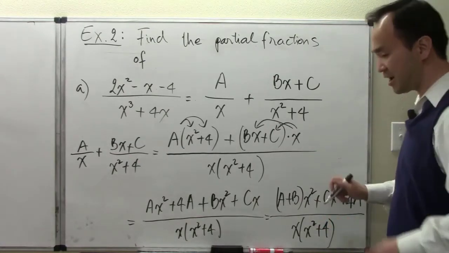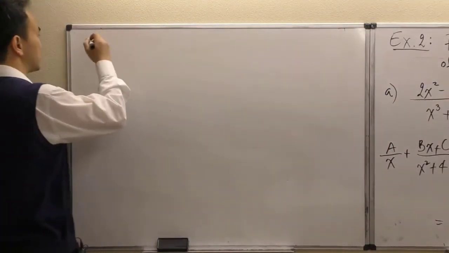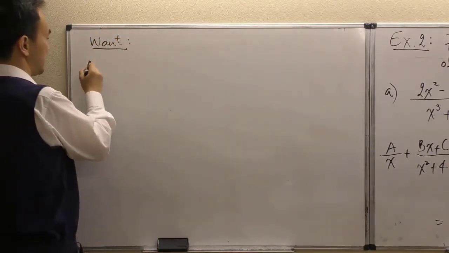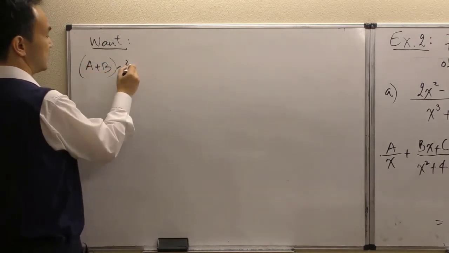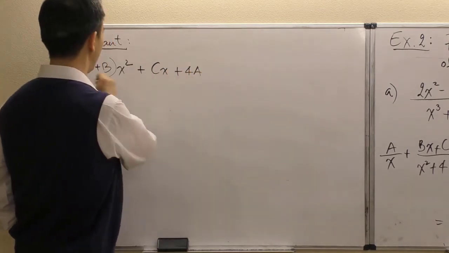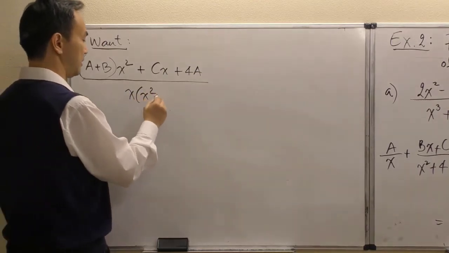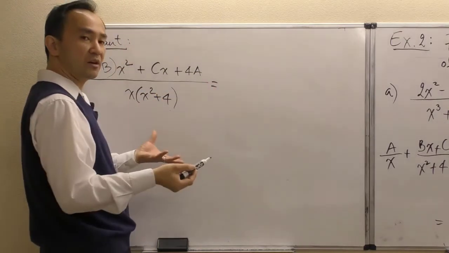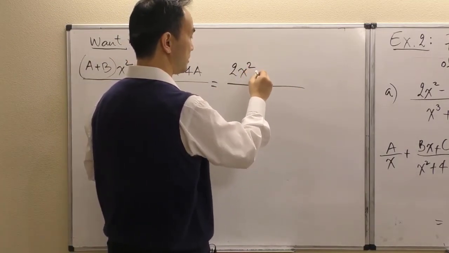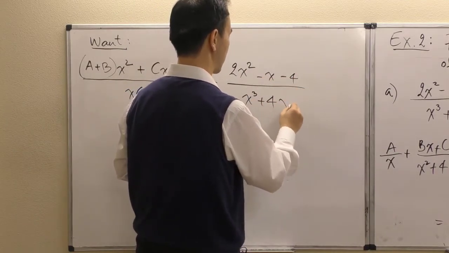All right, and now all of that logic remains the same. What we want at this point is for the (a plus b) x squared plus cx plus 4a, this final added rational expression of ours, to be equal to the original, the beginning one, which allow me to rewrite here: 2x squared minus x minus 4 over x cubed plus 4x.